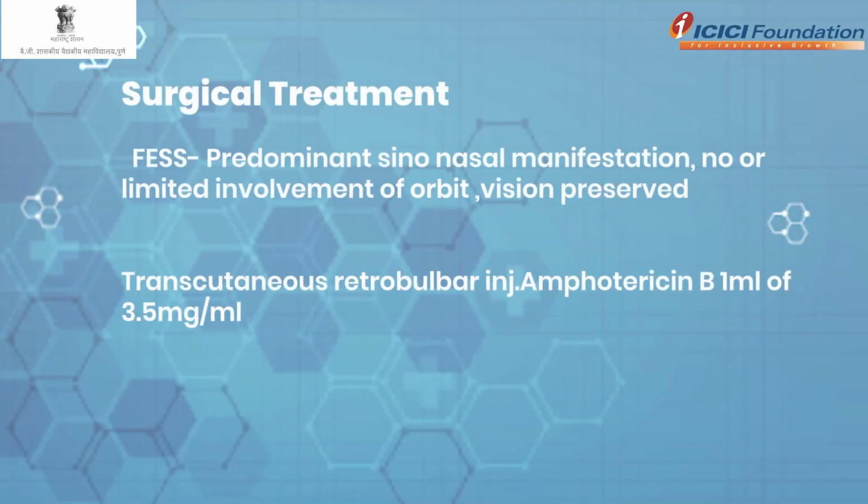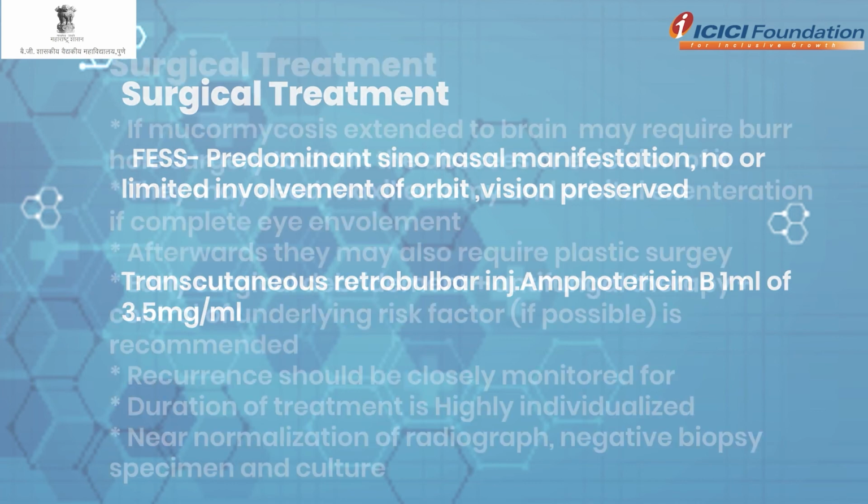Not only medical treatment is important, surgical treatment is also very important. If there is sinonasal involvement or paranasal sinuses, we have to go for functional endoscopic sinus surgery. If there is orbital or ophthalmic involvement, then we can go for transcutaneous retrobulbar injection of amphotericin B, 1 ml of 3.5 mg per ml.